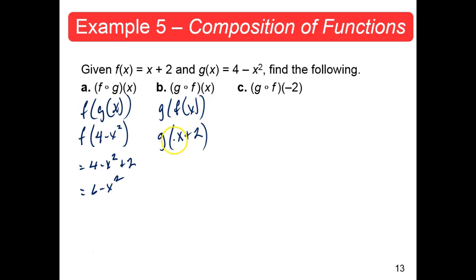The g function starts with 4 and subtracts from it whatever's in the parentheses squared. What's in your parentheses? x plus 2, squared. Now we got a little more work to do on this one. That will be 4 minus, what's x plus 2 squared? x squared plus 4x plus 4.